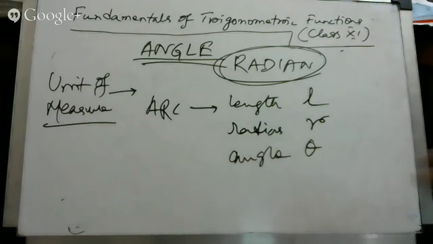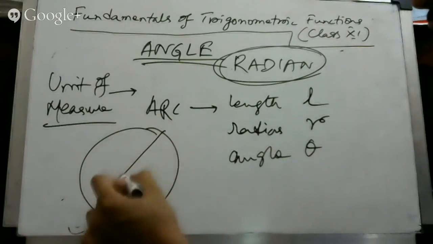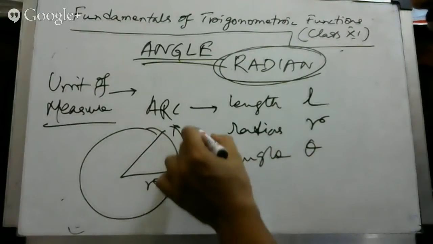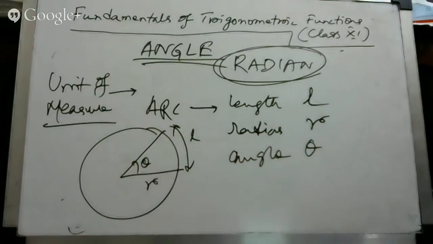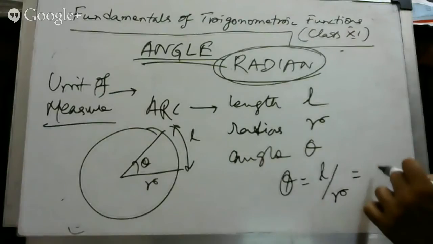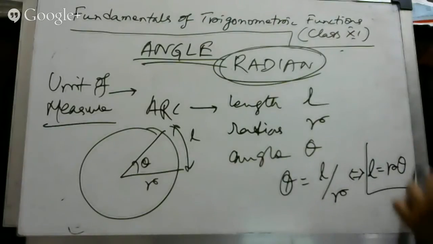So whenever the situation is like this, if this is R, and if this is L, and if this is theta, then the relationship between these three is theta is equal to L by R, or correspondingly L is equal to R theta.